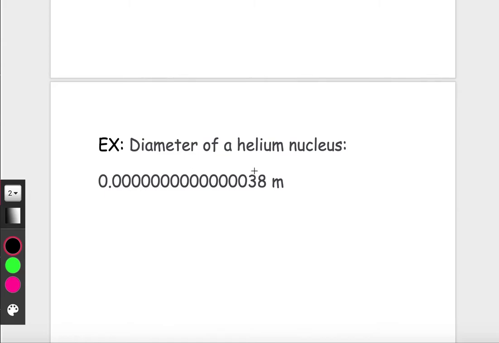We do the same approach this time, except we go the other direction, which means our exponent is going to be negative. So we go 1, 2, 3, 4, 5, 6, 7, 8, 9, 10, 11, 12, 13, 14, and I want to go one more place so I can make this a single digit number with a decimal. So we went 15 places. We write this as 3.8 times 10, and because I went the other direction, it's negative 15.